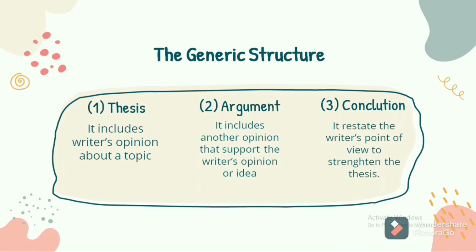The last is conclusion. Here, conclusion is used to restate the writer's point of view to strengthen the thesis. We can use the following phrases to make a conclusion: from the fact above, I personally believe, therefore my conclusion is, in conclusion, and so on.